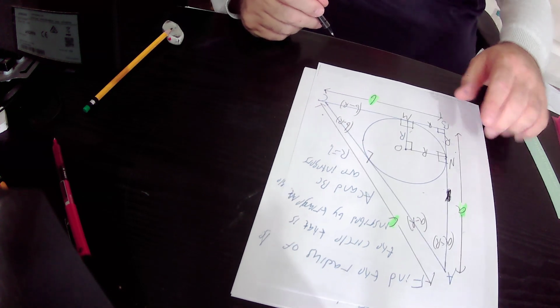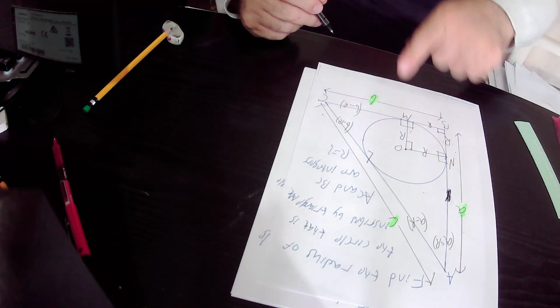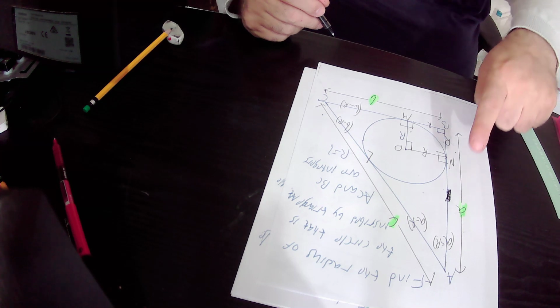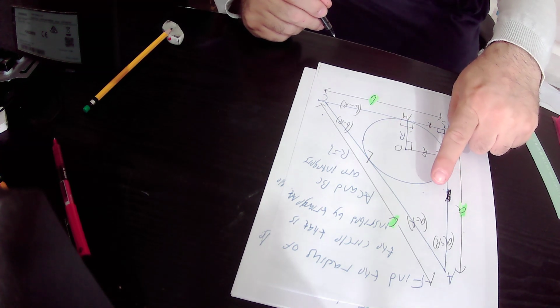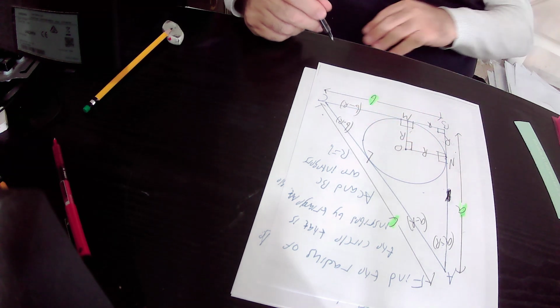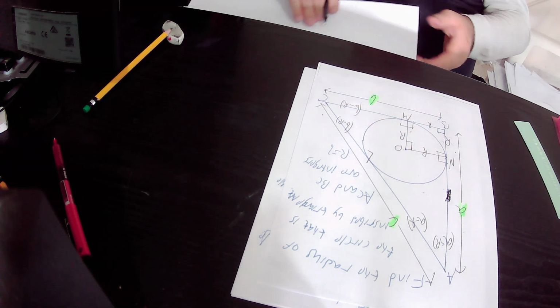So in conclusion, we found out that the hypotenuse AC is equal to AL plus NC, that is AL, which is A minus R, plus NC, which is B minus R. So I write it down.